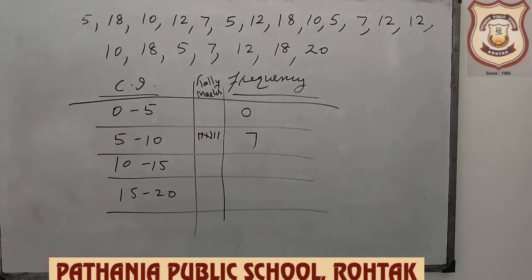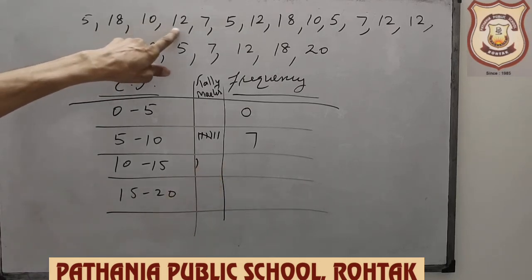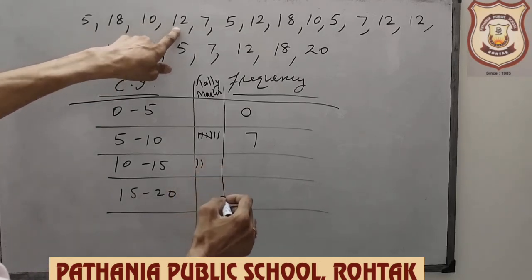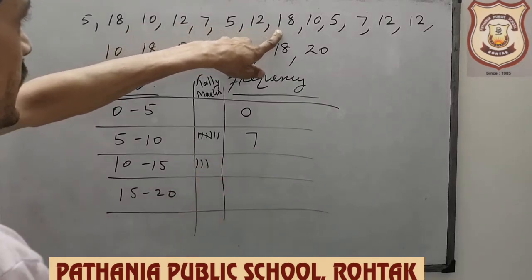In the same way, how many students between 10 to 15? 1, 2, 3, 4. No, it is not.